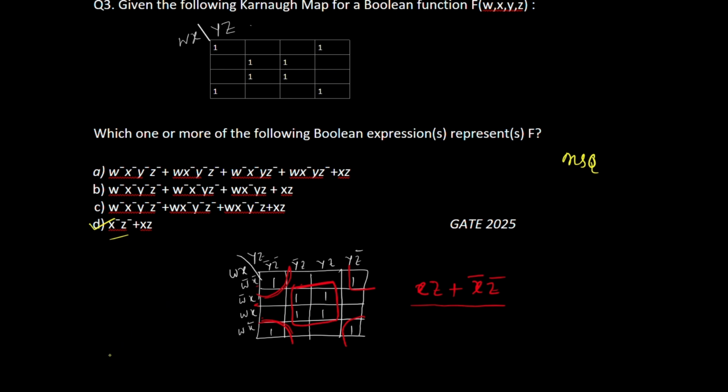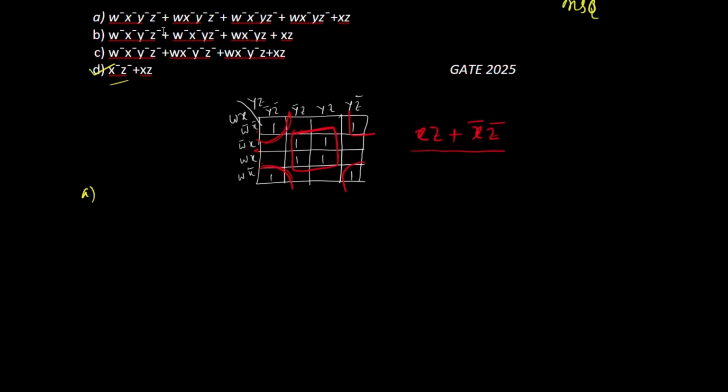So let's at first take A. A is equal to W bar x bar y bar z bar plus W x bar y bar z bar plus W bar x bar y z bar plus W x bar y z bar plus x z.